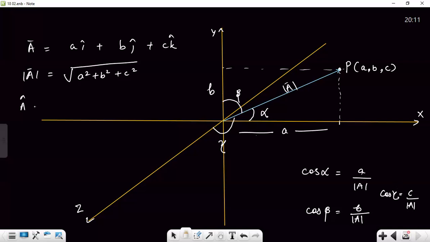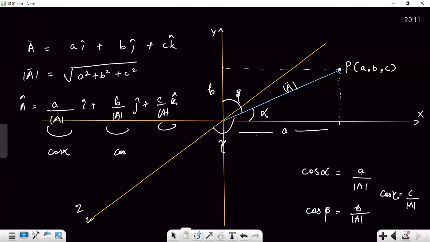If we find the unit vector, it would be a by modulus of a i cap plus b by modulus of a j cap plus c by modulus of a k cap. These are cosine of alpha, cosine of beta, cosine of gamma. And there's a new term that I'm introducing: direction cosines. These are known as direction cosines.